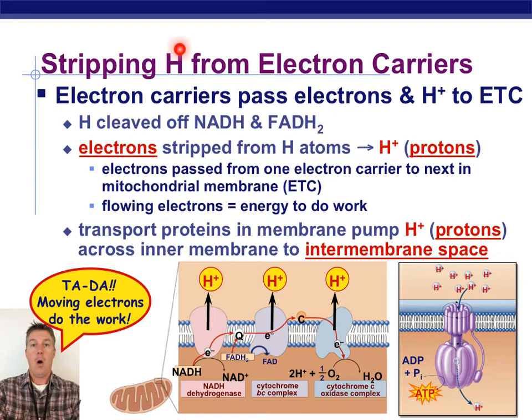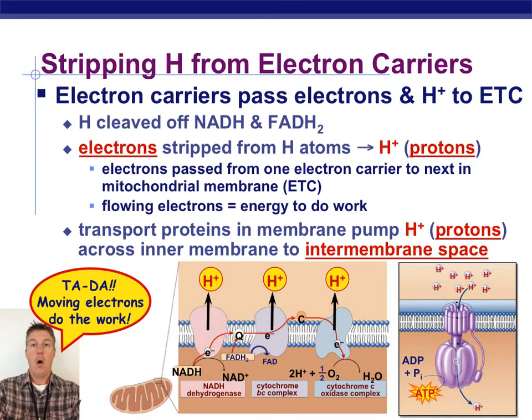So taking the hydrogens from the electron carriers, and the electron carriers passing electrons and the protons to the electron transport, the H is going to come off, it's going to be pumped across, and the electrons are stripped from those hydrogen atoms as well. So the protons are going to be pumped across actively, and the flowing electrons are going to have the energy to do work.